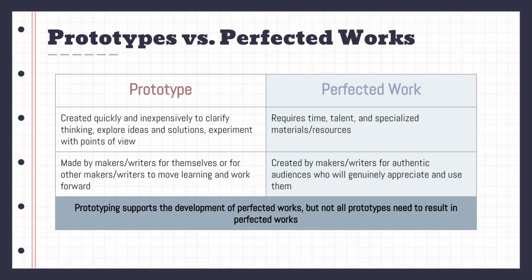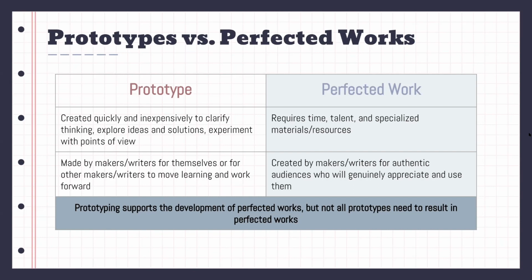And that's where the writing process greatly mirrors the design process, helping them think about their prototypes in writing versus their perfected works. And perfected is a tough word if you drill it down to perfect, because of course none of us do perfect work. But a prototype is created quickly and inexpensively.